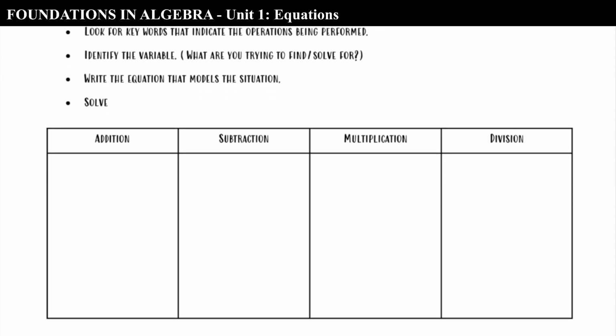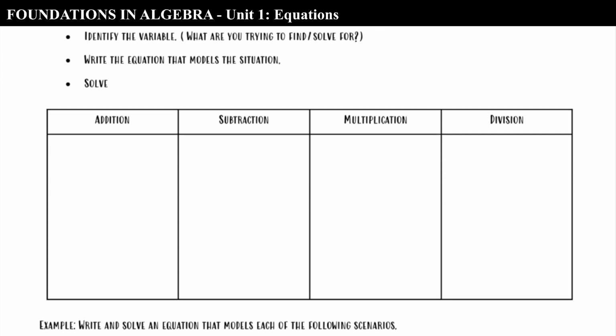So let's review over some of the key words that we look for when we're talking about addition, subtraction, multiplication, and division. So you remember from the last unit we talked about keywords for addition, and those keywords can be several things.